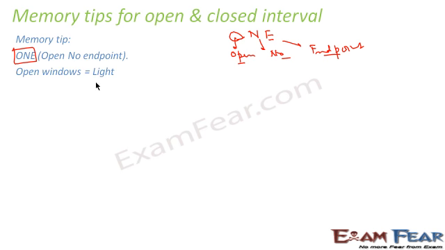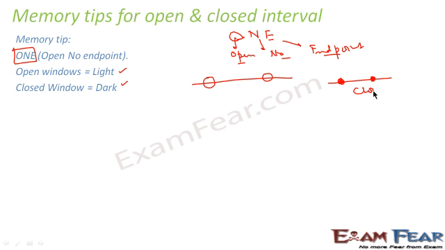Also, when you open windows, what you get is light. Correct? And when you close windows, what you get is darkness. That's why when you say open endpoint, you denote it like this, a light color. But when you see closed endpoints, you denote it like this, a dark color. This is closed and this is open.